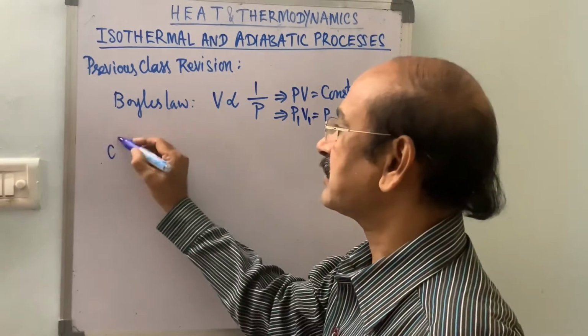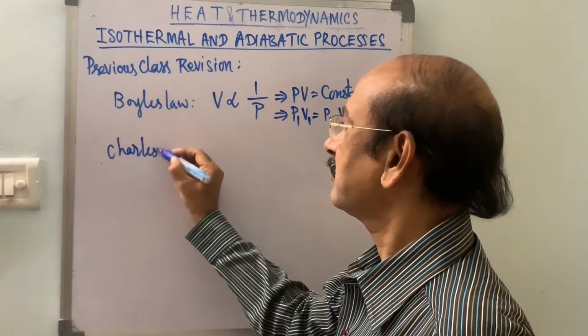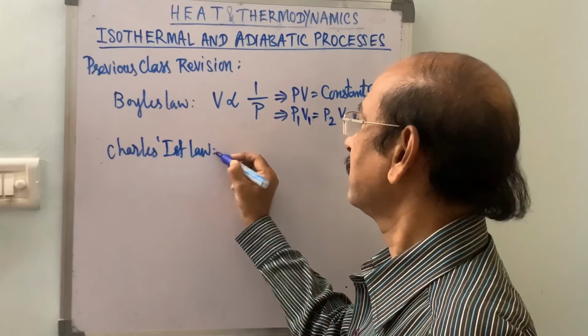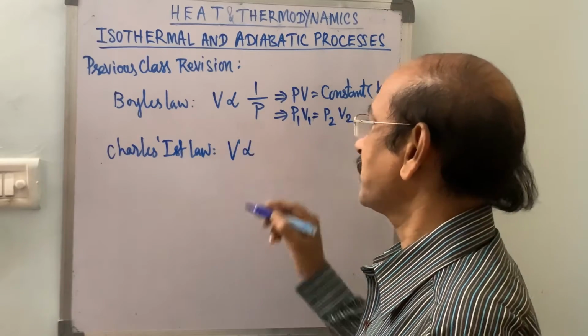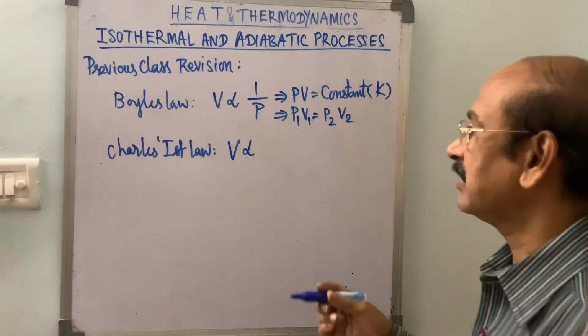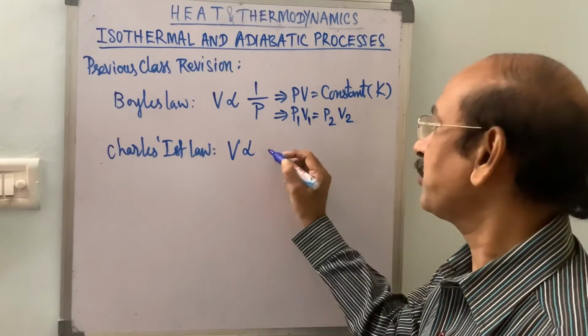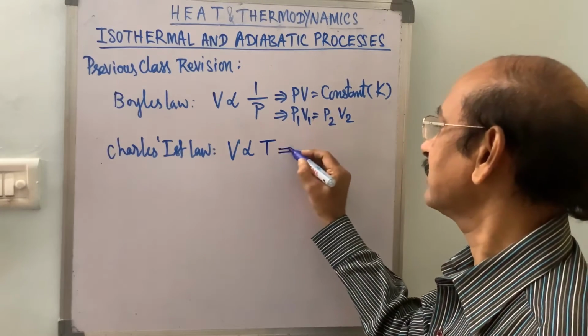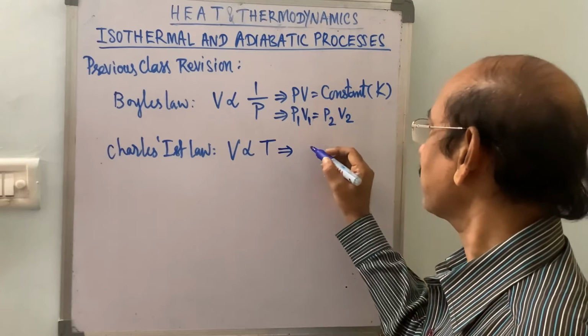And Charles' first law: he observed that volume of the given mass of gas is directly proportional to the absolute temperature of the gas at constant pressure.